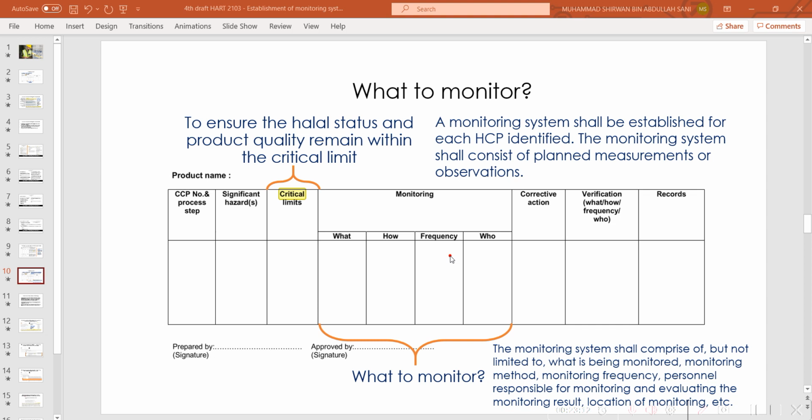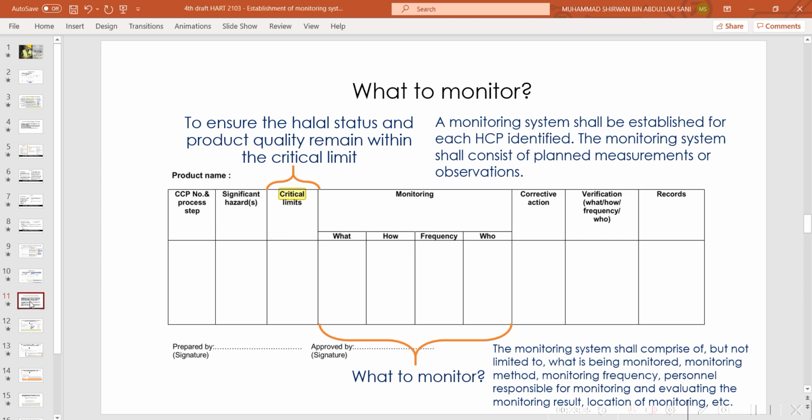So if you have three shifts, there are 3 times monitoring activities carried out in the production in one day. And then the last column is who, the personnel responsible for carrying out the monitoring activities. So this is the monitoring activity that you need to know.